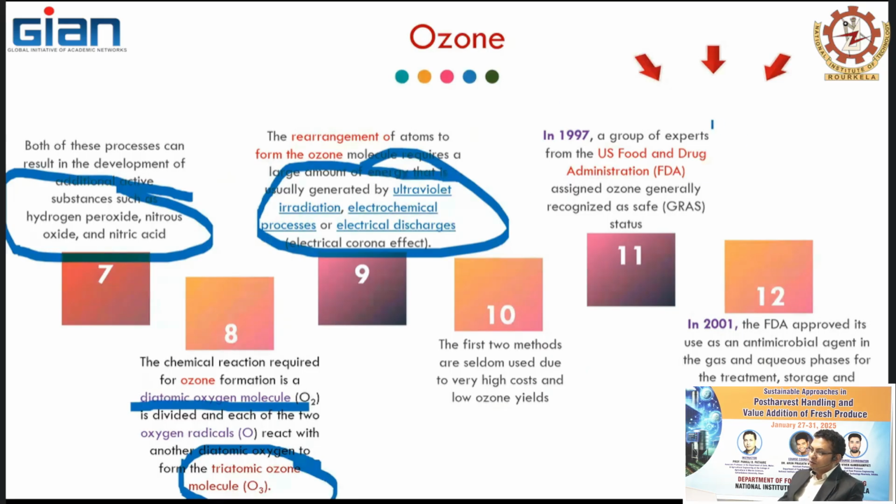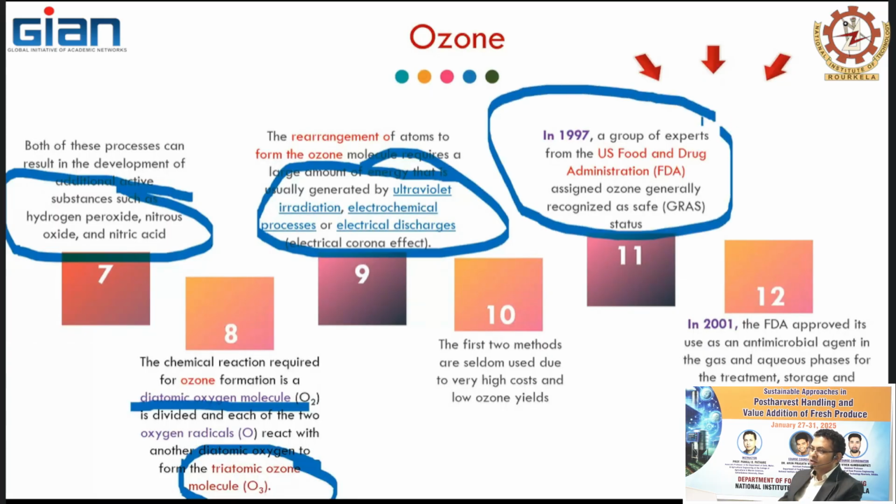And again, whatever the food quality concern here, I am talking about the FDA in 1997. After we identified ozone 100 years back, it may be an agent that can be used for food preservation. They recommended that you can now use ozone as an agent for food preservation.